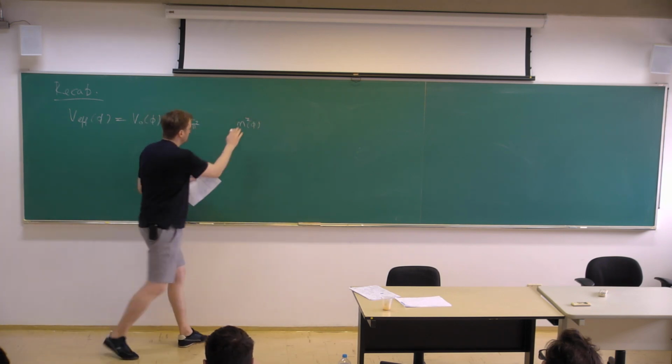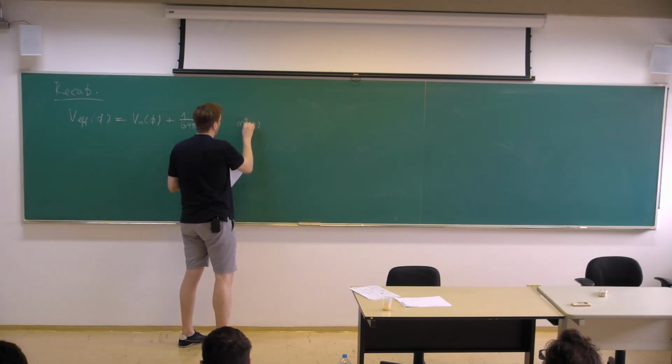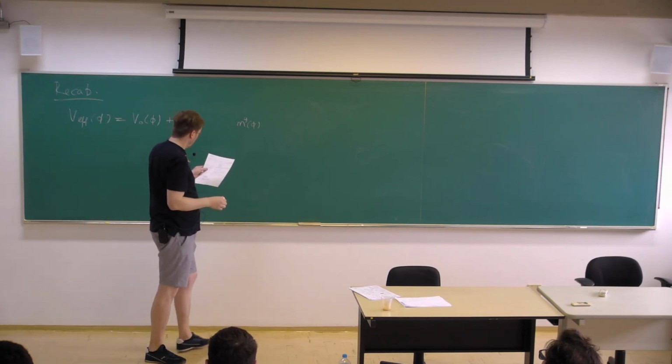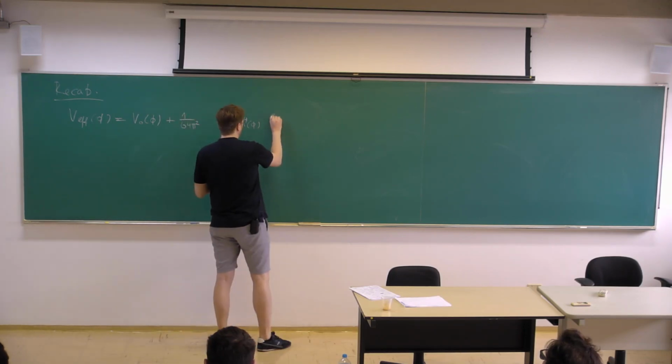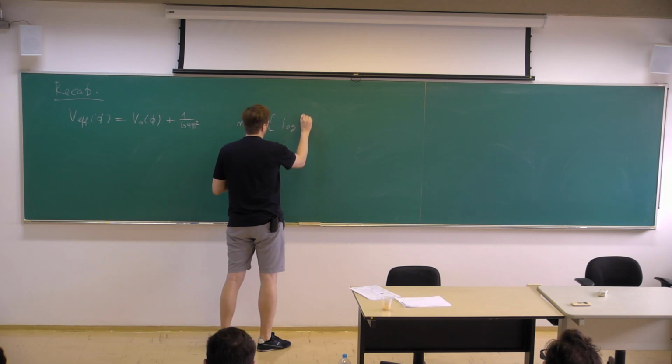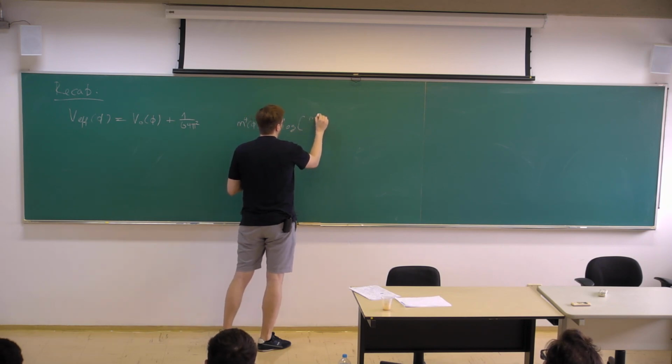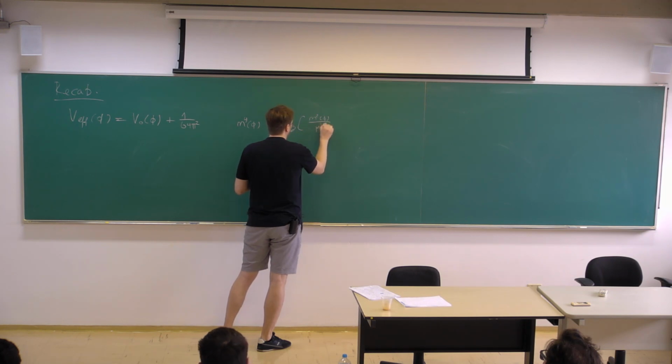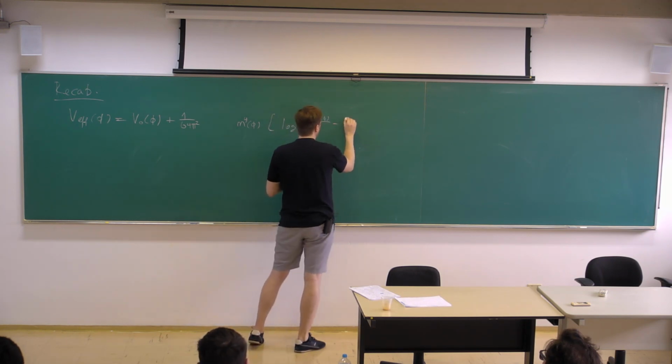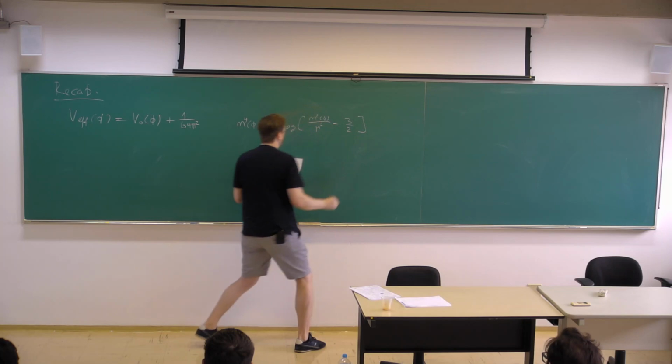So it goes like the fourth power of the field-dependent mass times a log of the field-dependent mass squared over some RG scale that we had to introduce because we had to renormalize.